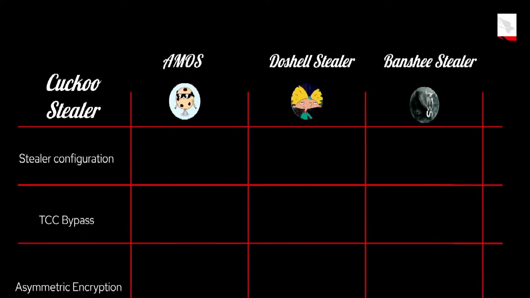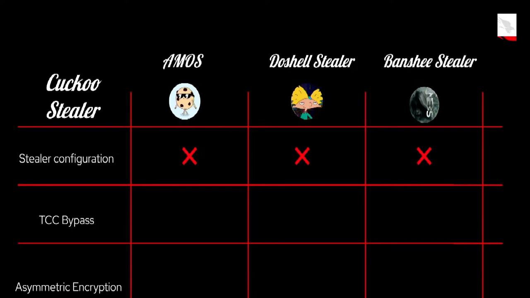So far, at least, on the stealer side of things, because Cuckoo does more than stealing, as compared with the popular ones, or the ones that are sold publicly. So something like stealer configuration, you do not see them in publicly built stealers, and this makes sense.